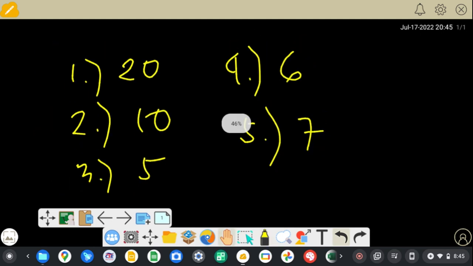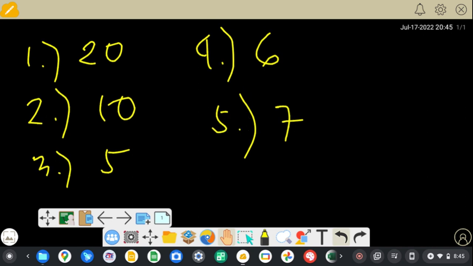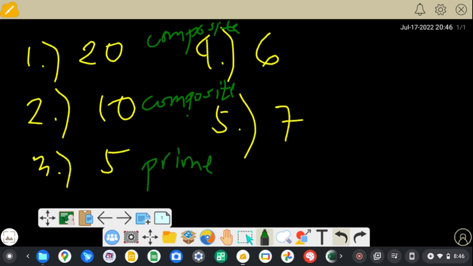Okay, now 20. Just pause the video if you're going to answer this. Is 20 a composite or a prime? It is a composite. 10 is a composite number. 5 is a prime. 7 is prime. And 6 is composite.